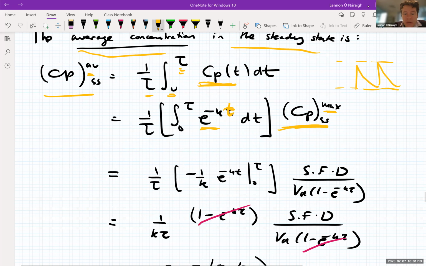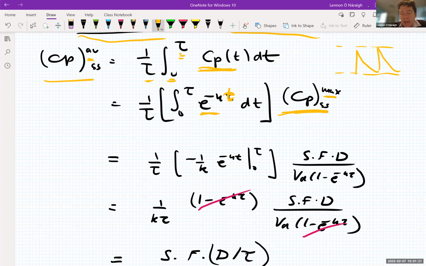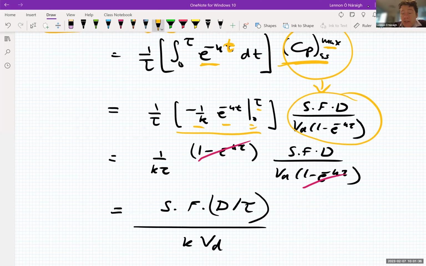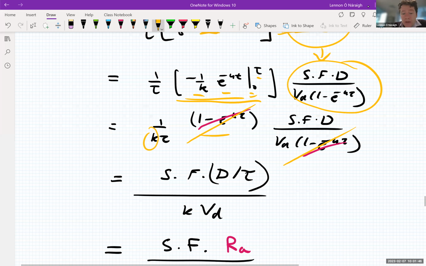And I do the integral, and it's minus 1 over k e to the minus k tau, evaluated at the endpoints, 0 and tau, times CP max in the steady state, which is SFD over VD, 1 minus e to the minus k tau. And so I evaluate this integral, and it gives me a k and a 1 minus e to the minus k tau, so I get a cancellation. So this works out as SF times D over tau over kVD.